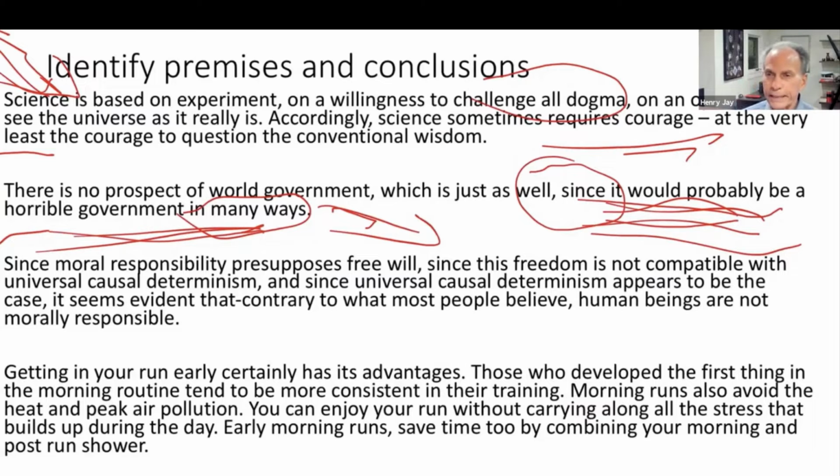Any questions about identifying premises and conclusions? So when you read a paper, you need to know what the author is concluding, and then more importantly, identify the premises and identify the strength of those premises. Now, in a scientific paper, the strength of the author's conclusion will be based on the strength of the data.